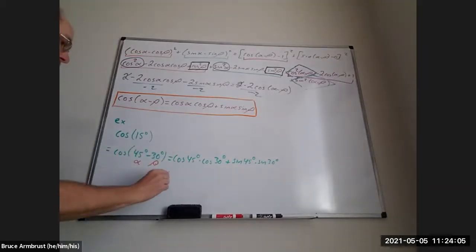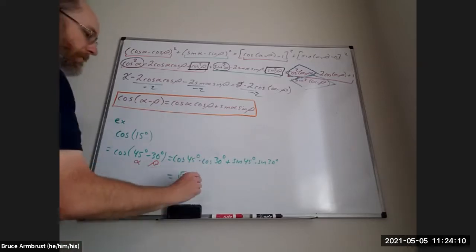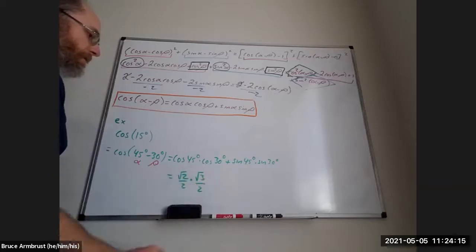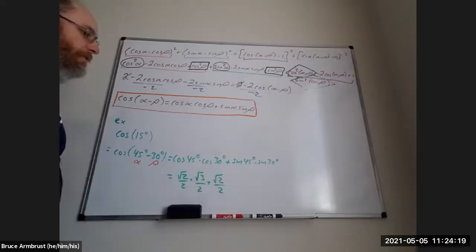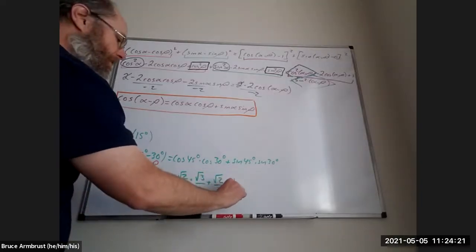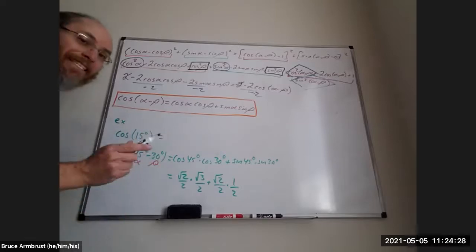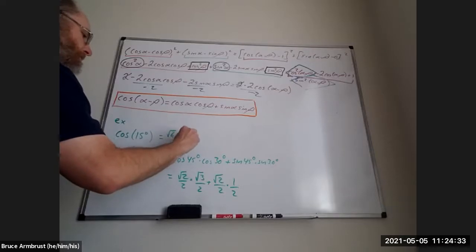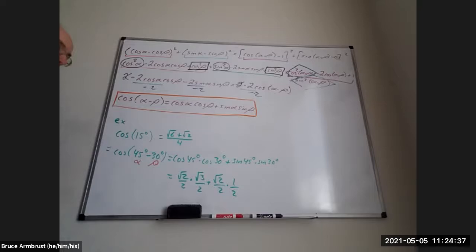So we're going to get root 2 over 2 times, well, cosine of 30 degrees is root 3 over 2. And we can get a plus. Root 2 over 2 is the sine of 45 degrees. And the sine of 30 is 1/2. So it turns out that the cosine of 15 degrees, the exact value, is the square root of 6 plus the square root of 2 all over 4.